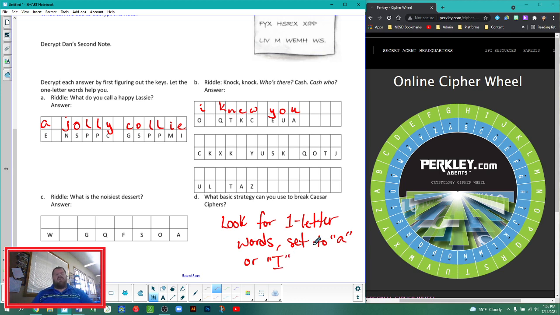Okay, set them to be that word. I is the hardest thing for me to write lowercase, but we like to write plain text as lowercase. So when you've got one-letter words, that means you've got two options. It is a guess and check. Take a leap of faith. Try one. Write it in pencil so you can erase it. And if it's not right, you erase it and try again.